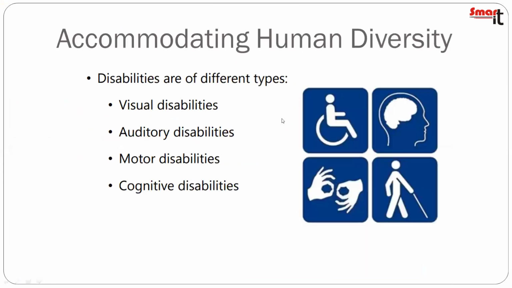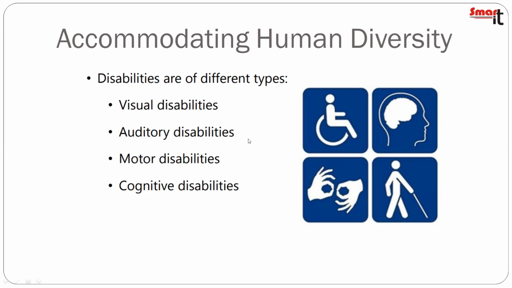And accommodating human diversity. Diversity means abilities are different. Visual abilities are different, and some users are not visually able. It means there are visually disabled people, auditory disabled people, motor disability people, and cognitive disabled people. Cognitive means the way they understand something.